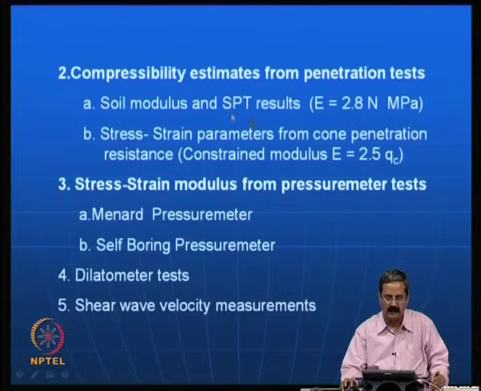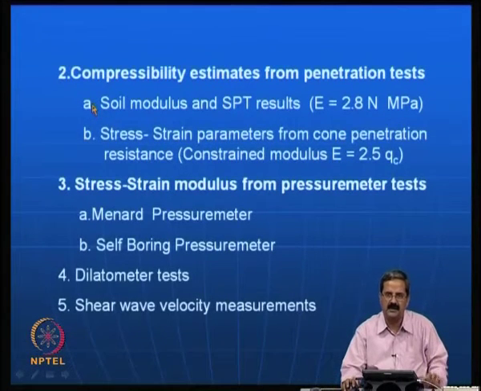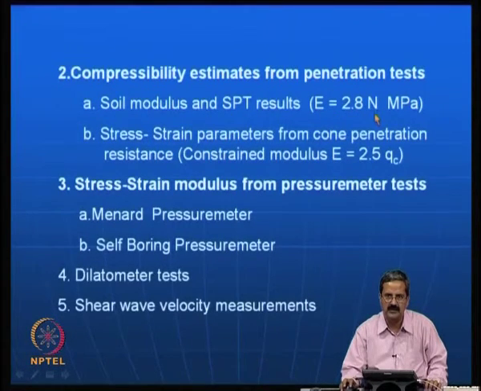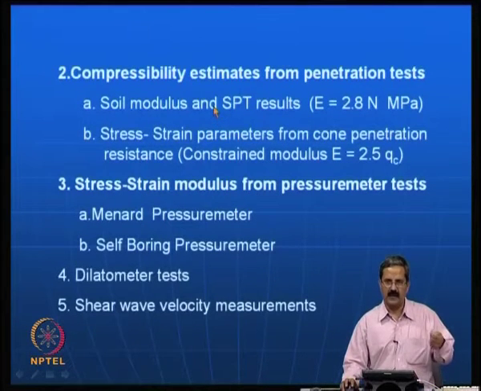Then, as I just mentioned, compressibility estimates from penetration tests. Settlements are very important. If you want to measure settlements, you need proper instrumentation, and you also need to estimate settlements. For example, you have an SPT value N, say 10. If you want to use a modulus in any finite element calculations, you need to have these parameters for analysis.